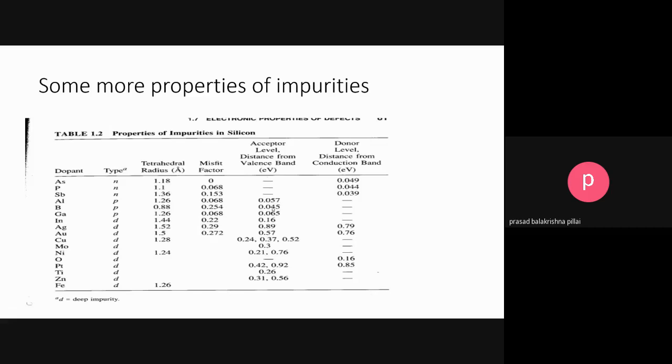Or we can say that this is the gap between the impurity level and the valence band or the conduction band, depending upon the type of the impurity. So some of these metals will have different energy. They may form different states. One thing we have to keep in mind: all these form energy levels within the forbidden band. So that is very important.